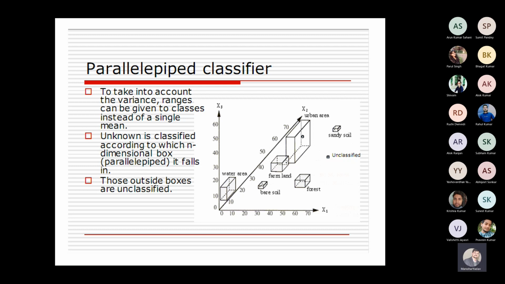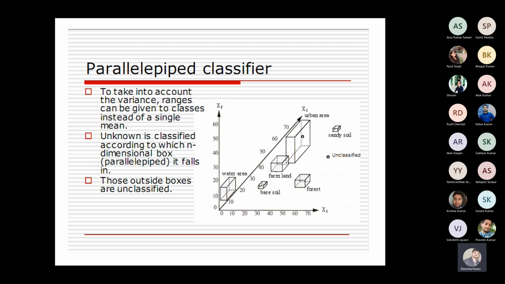So the parallelopiped is the exterior boundary within which all the training samples are located. Like the urban area, if you see, the training samples which are collected from the urban area lie within a parallelopiped corresponding to the urban area.